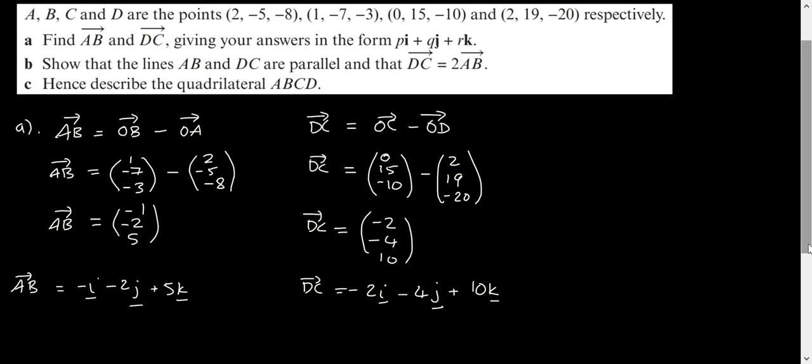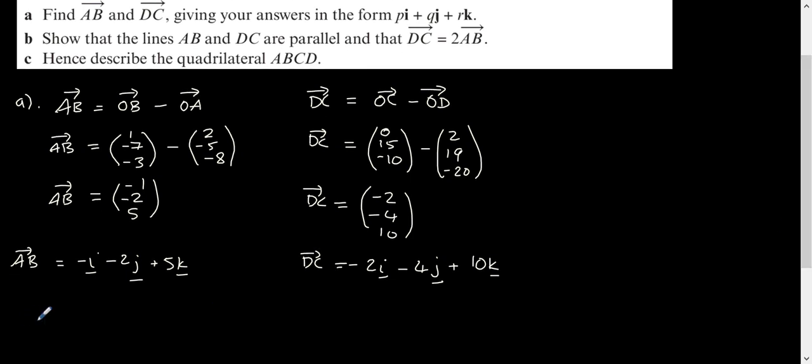So now we're off and running, because the next part of the question says show that the lines AB and DC are parallel and that DC equals 2AB. Now we can see it hopefully from the question. If we look at these vectors, AB, the i component is -1, and in DC it's -2. In AB, the j component is -2, and in DC it's -4. And the k component is 5 here, and it's 10 there.